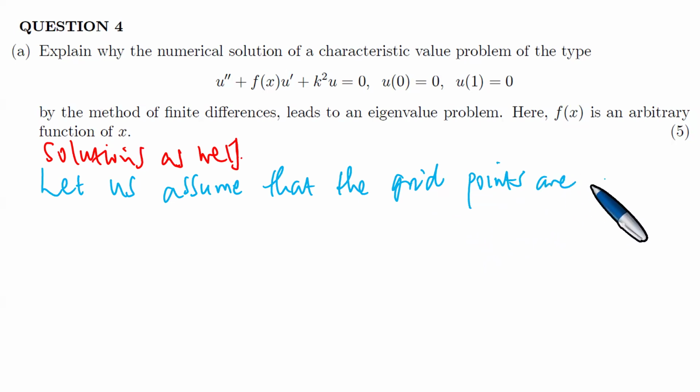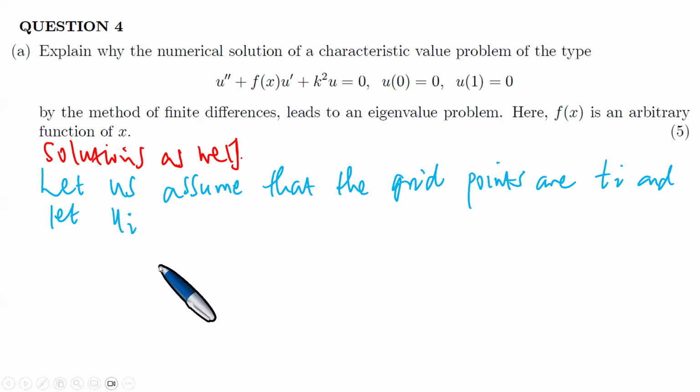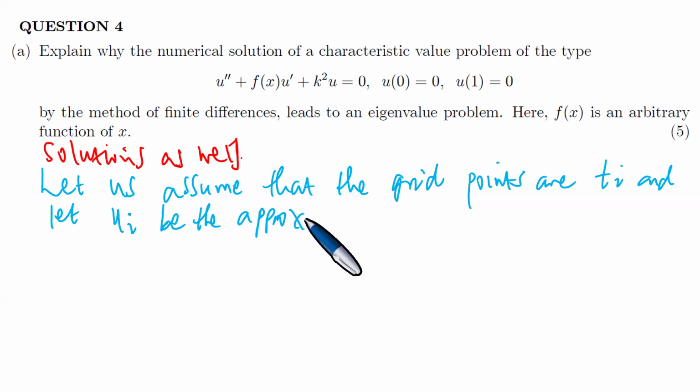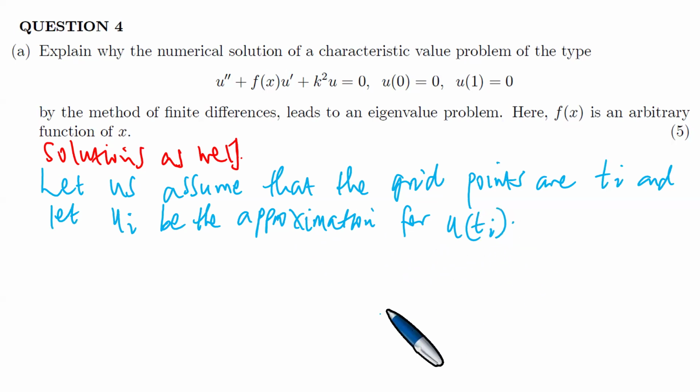We assume the grid points are T subscript i and let u_i be the approximation for u as a function of T_i.